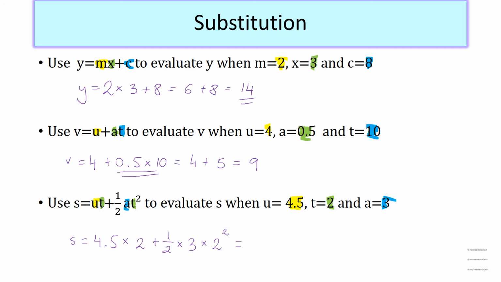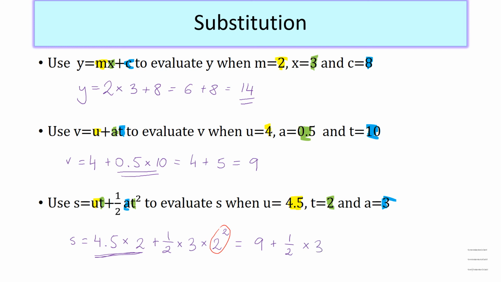and remember that t needs to be squared. Now we just need to remember about the correct order of operations. So for example, this multiplication needs to be done before I can add. So 4.5 times 2 is 9. Then add, and then here I've got powers that I need to deal with first. So I'm just going to copy the rest so I don't have to do everything at once.